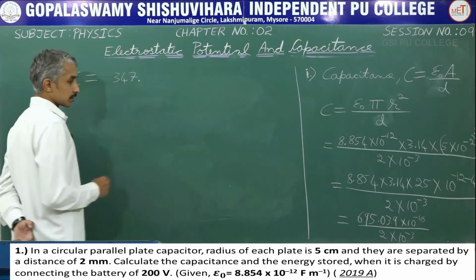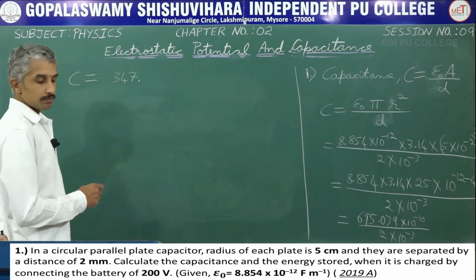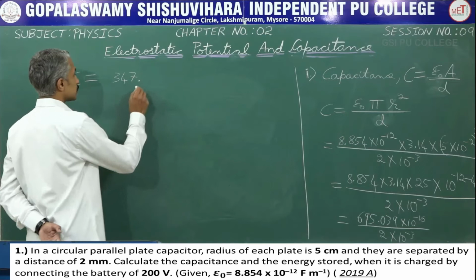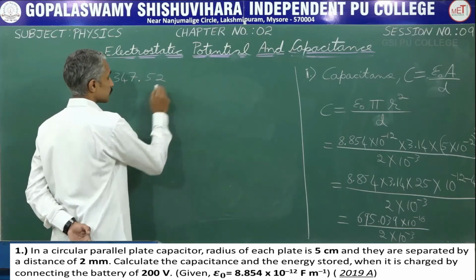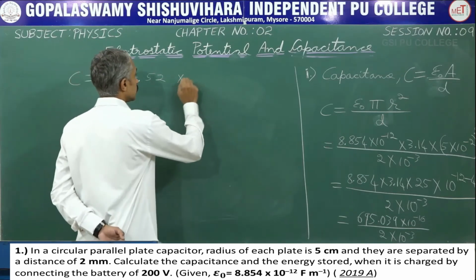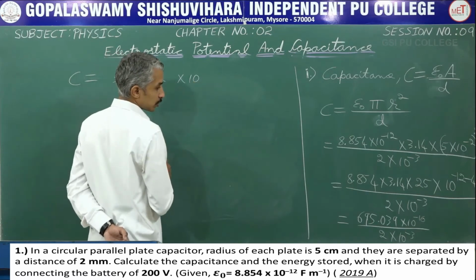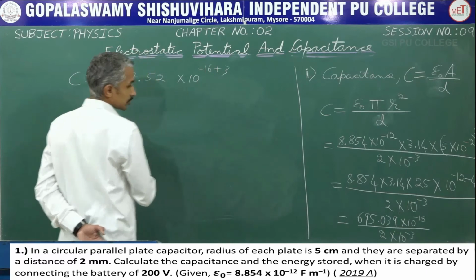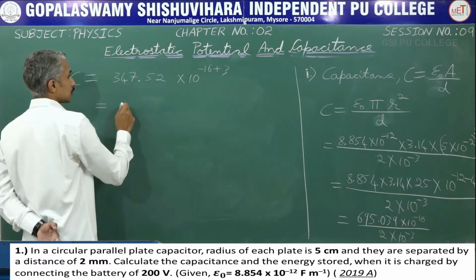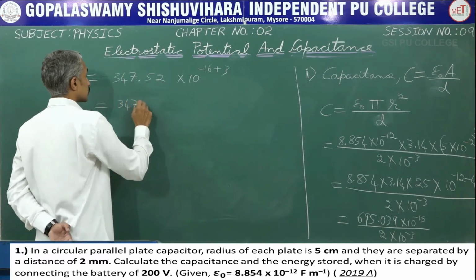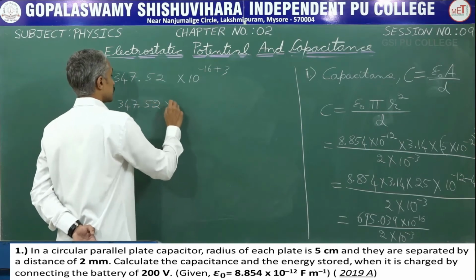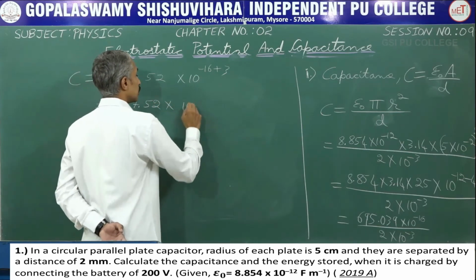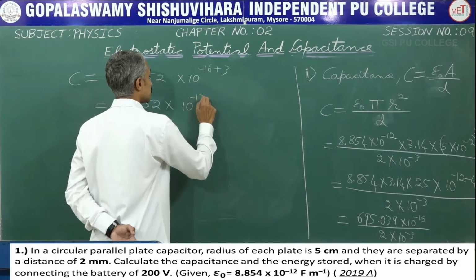On simplifying this, I will get this as 347.52 into 10 to the power of minus 16 plus 3. So this will give me 347.52 into 10 to the power of minus 13.